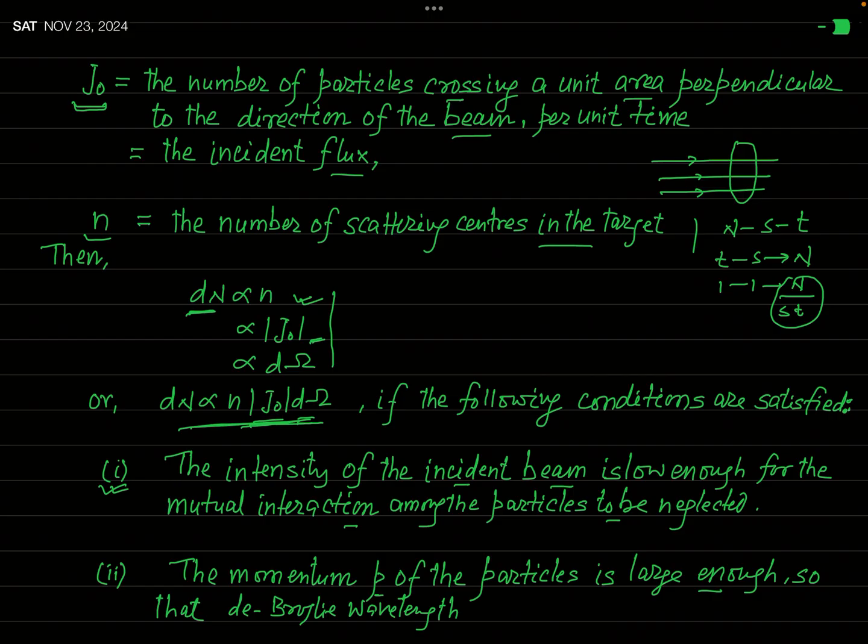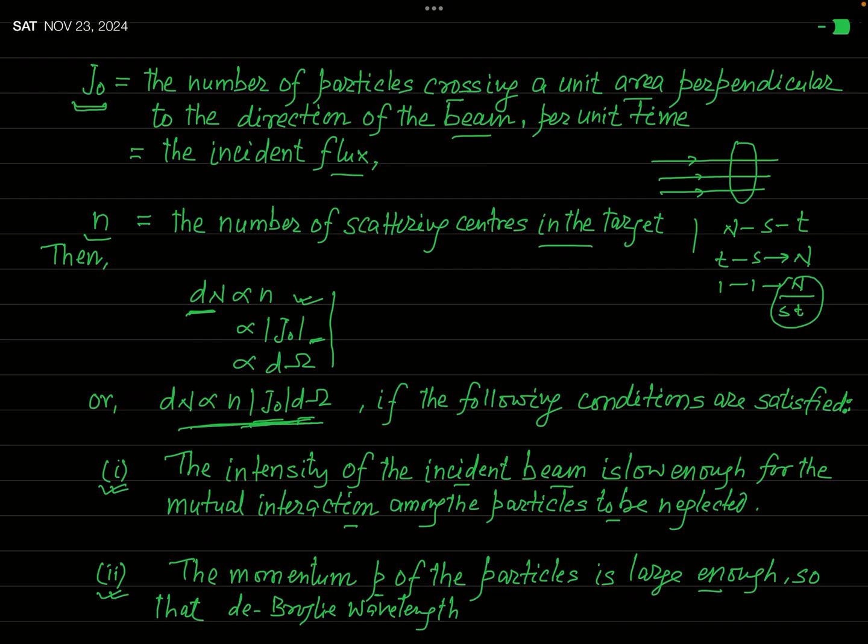Similarly, if P becomes too large, which we have told in the second condition, then phenomena more complicated than simple scattering, such as particle production, will begin to appear. We will learn about pair production in our forthcoming lectures.